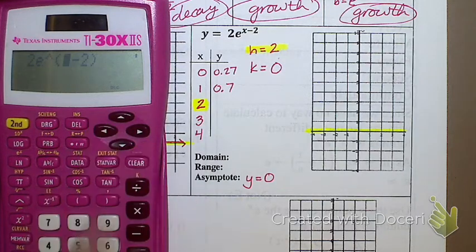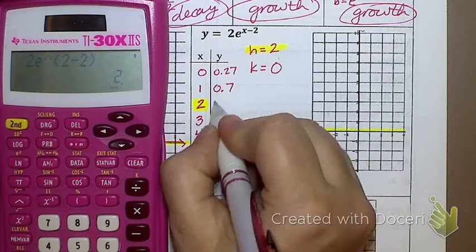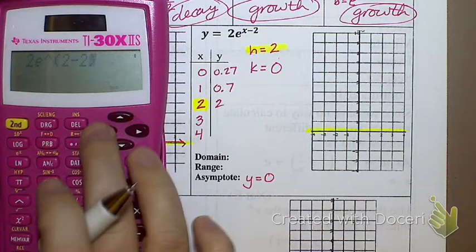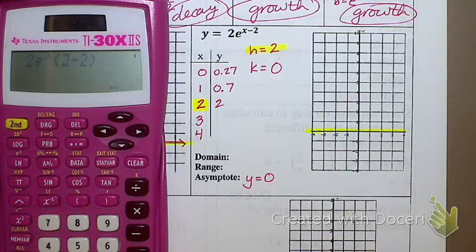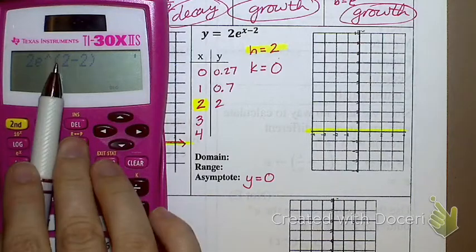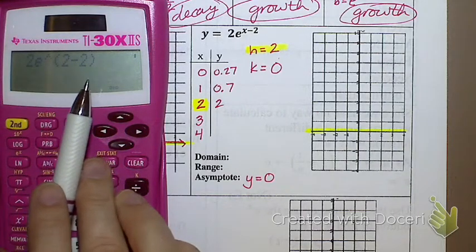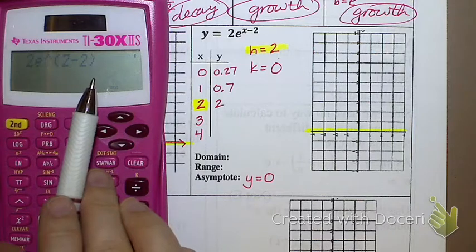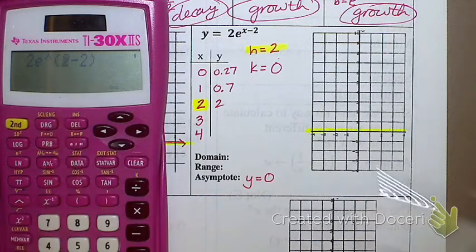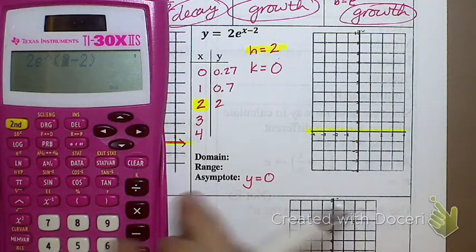Now I'm going to change the 1 to a 2. And I get 2. Why did that one become a nice number? Because 2 minus 2 is 0, and e to the 0 is 1. So 2 times 1 is 2. And anytime e is to the 0 power, we finally get a nice number.